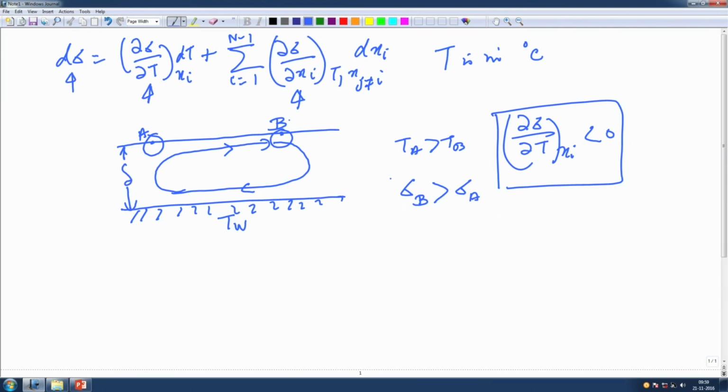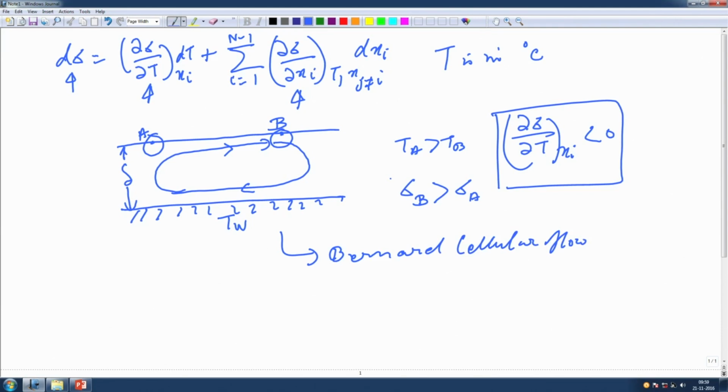So the higher surface tension region basically pulls. As a result of that you create this recirculating flow, and this flow is called the Benard cellular flow.